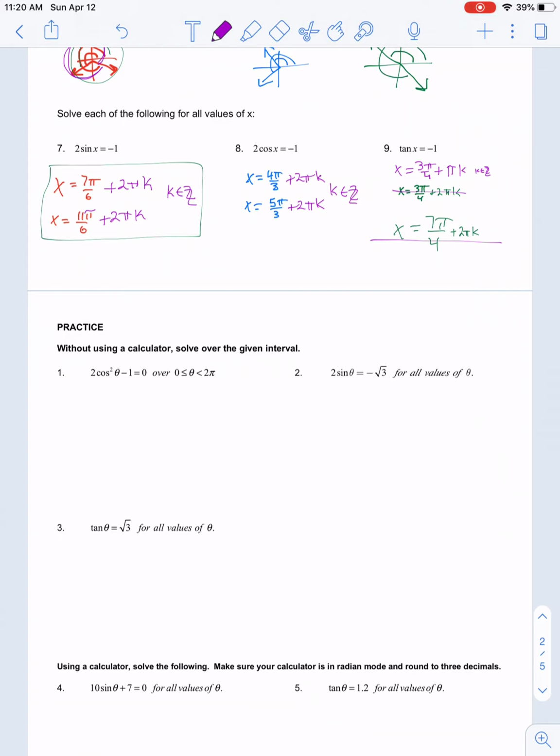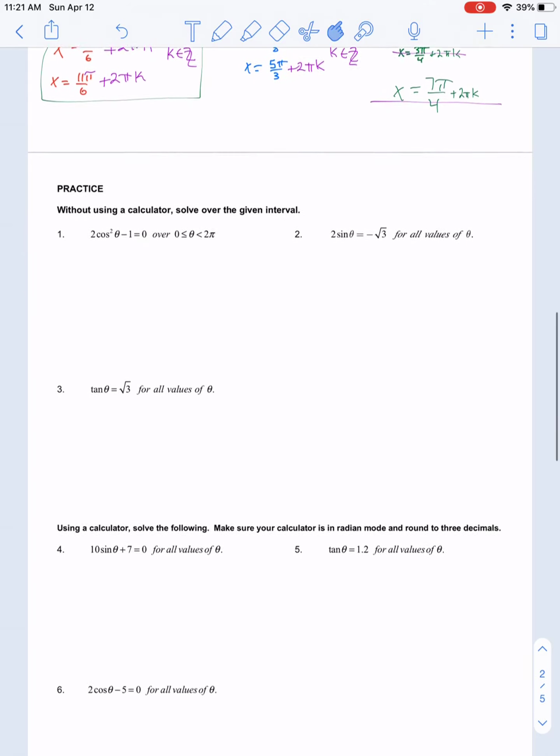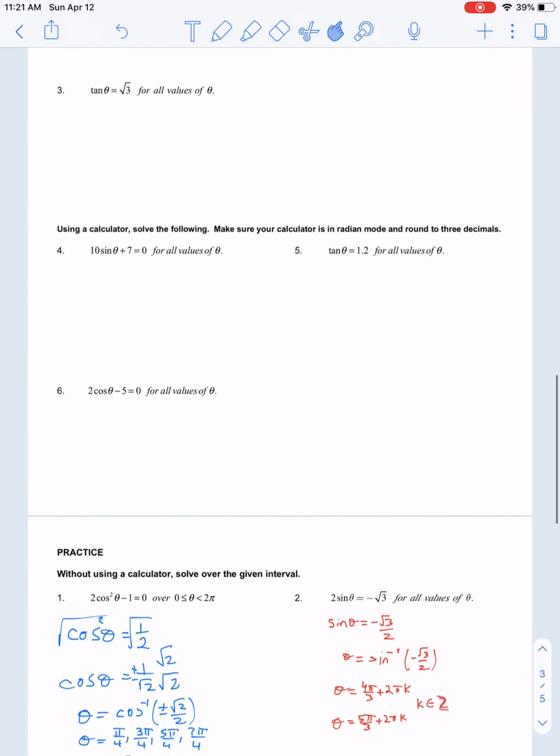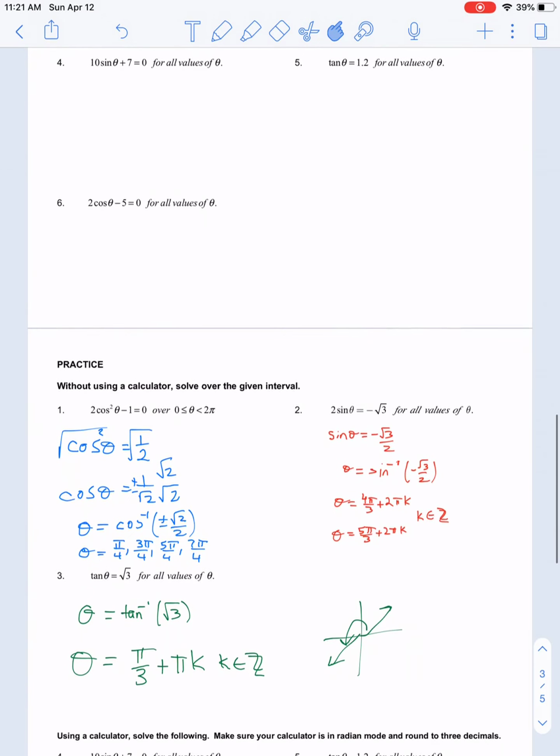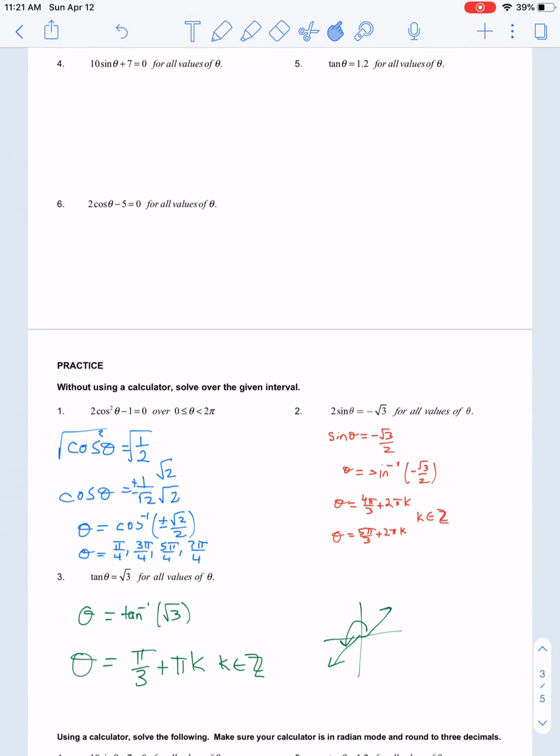So now I think you've paused, and now you're coming back to check your answers. I always think that pictures are very helpful. I like to draw where my angles are, figure out what quadrant I need to be in. That's something that's very useful for me.